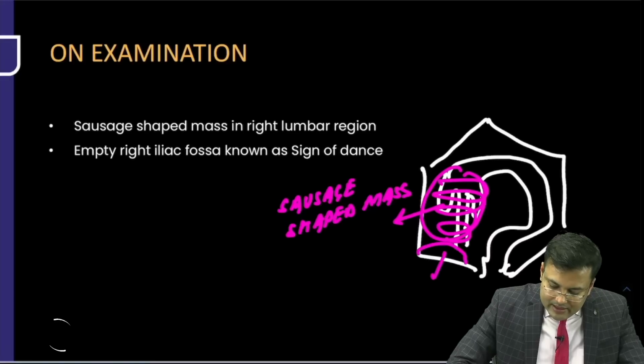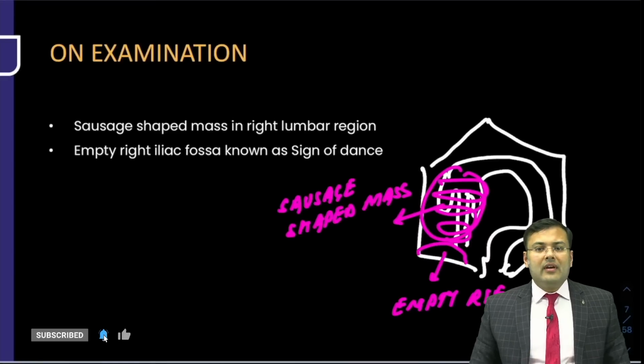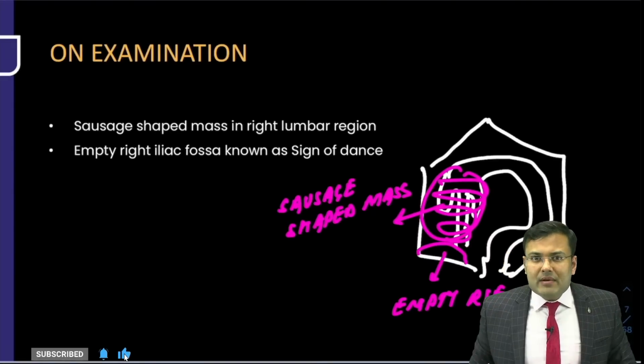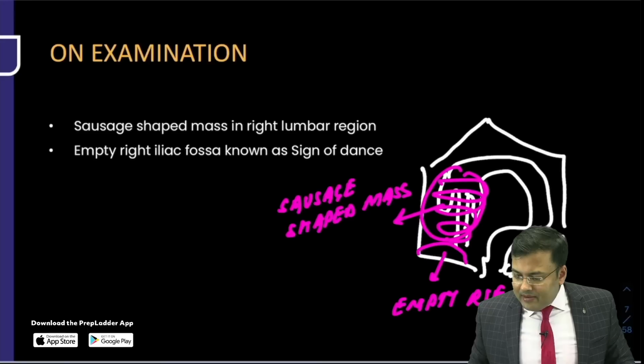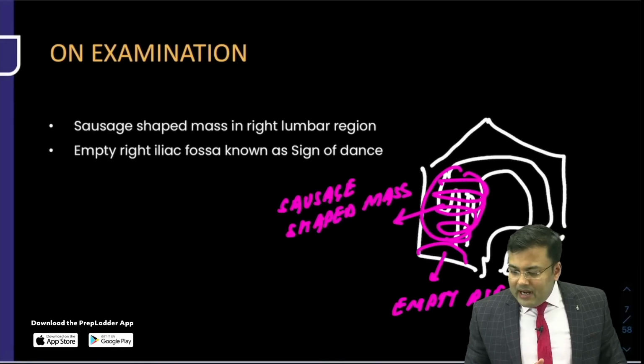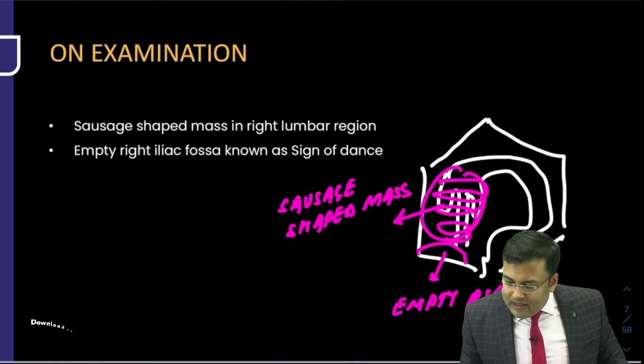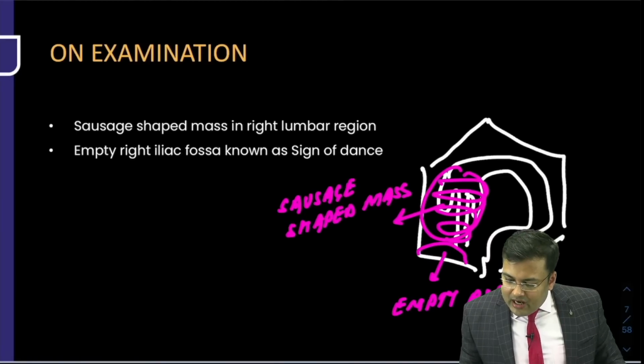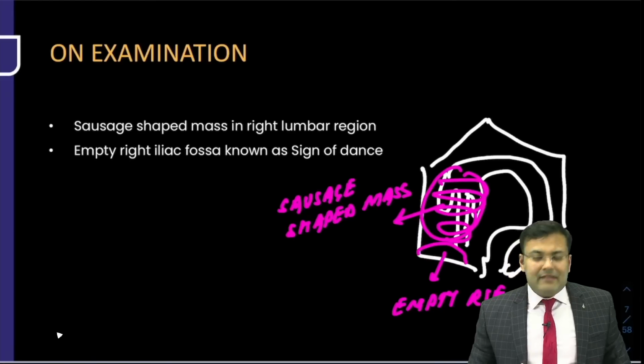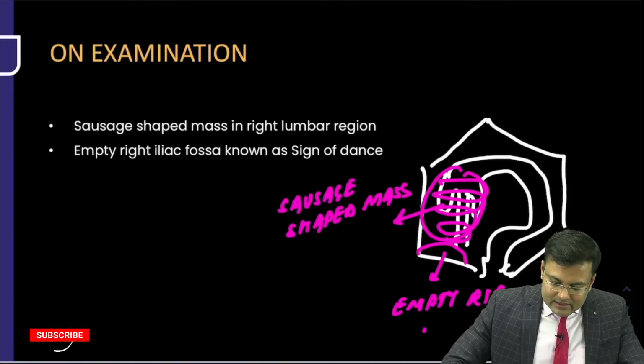And what happens? There is empty right iliac fossa. Tell me, what's the name of this sign? Empty right iliac fossa, what is the name of this sign? Very good fact. Sign of Dance, everybody is correct. It is known as sign of Dance.